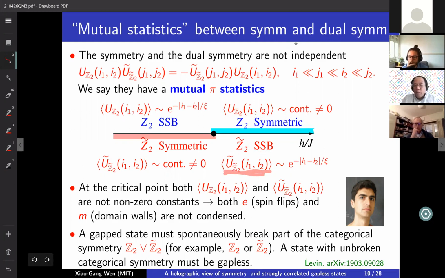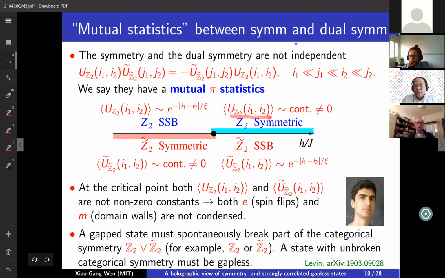Then we know that the patch operator of Z2 symmetry is a correlation of the charges of the dual symmetry, because the patch operator of the Z2 symmetry creates a pair of dual symmetry charges at its two ends.